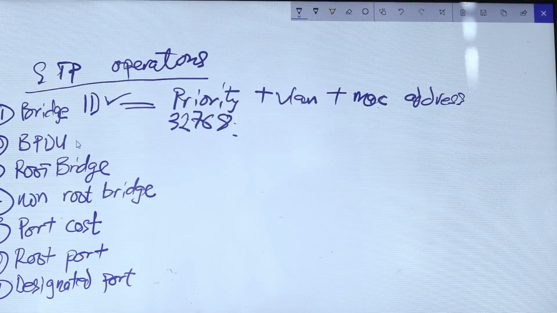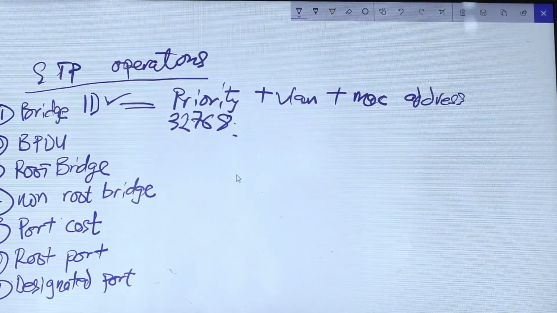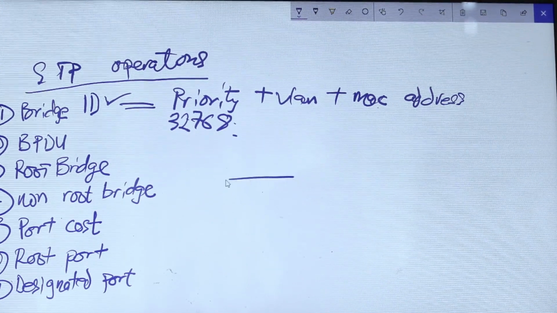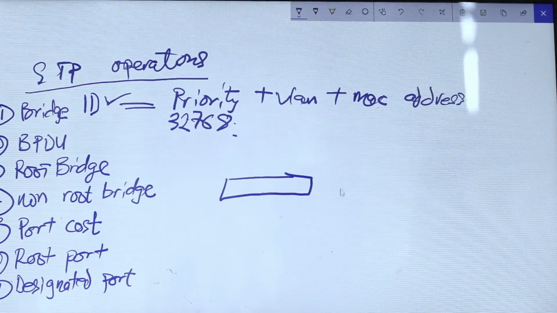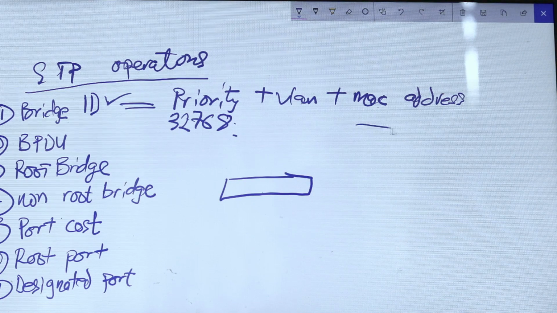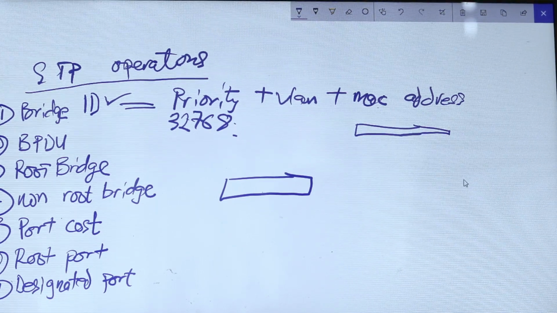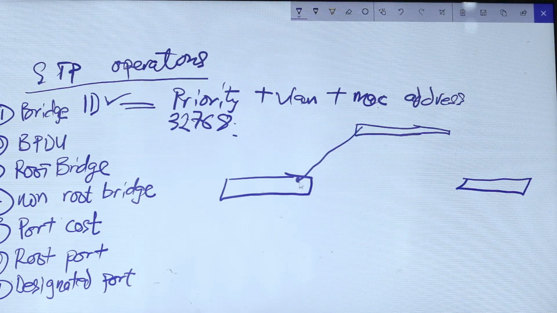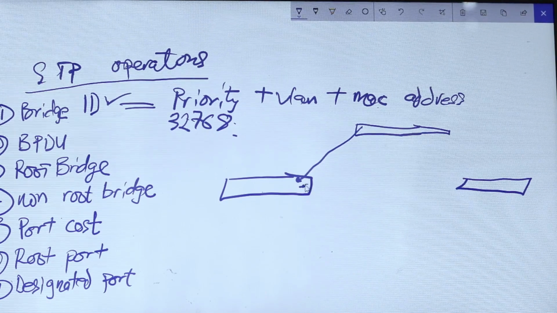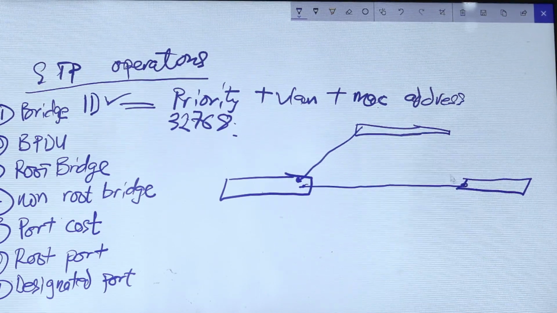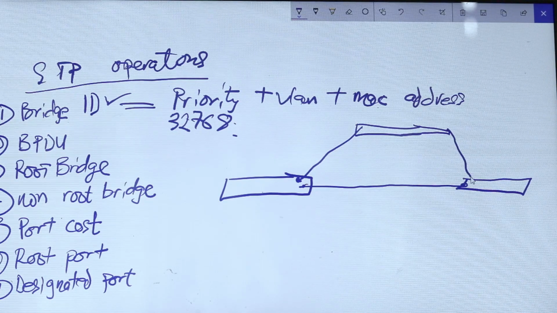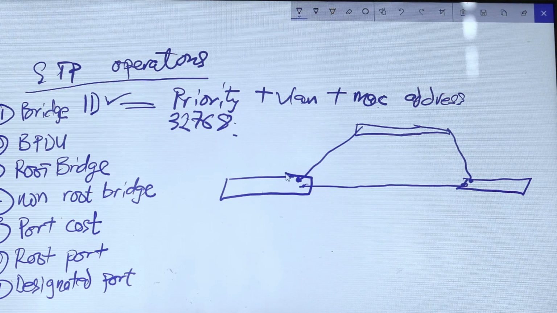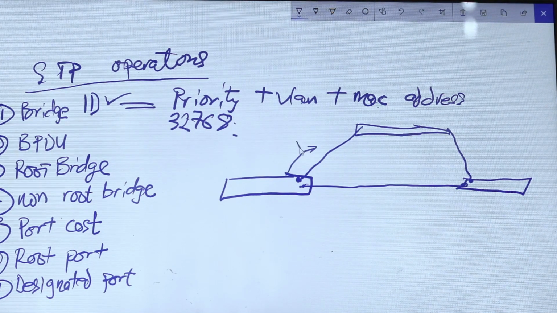What about the BPDU, Bridge Protocol Data Units? When switches are connected this way, each switch sends out some small packets. Okay, let's imagine an envelope.